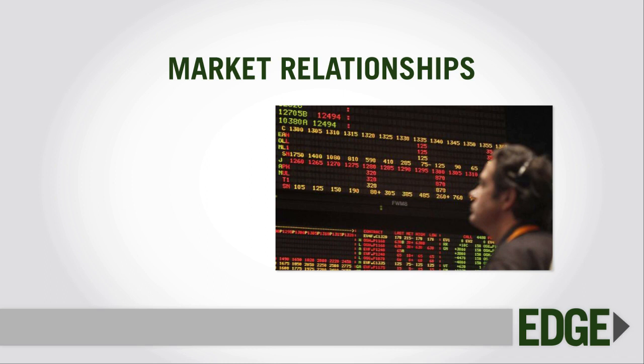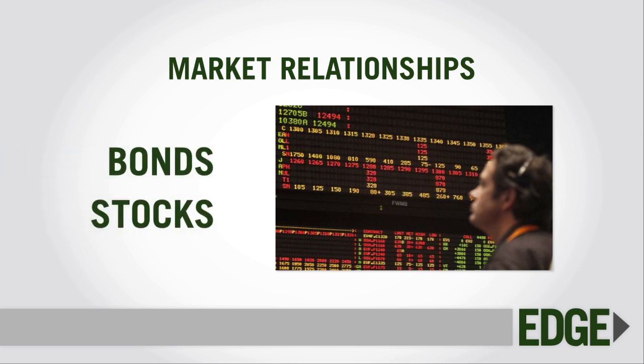So let's say the relationship between stocks and bonds is opposite. When bonds go up, stocks go down. Let's also say that this price up in here, just for example's sake, reflects the price of a 30-year bond. And this guy's a stock index trader right in here. When he sees that price go up, he might want to sell the S&P E-minis or another stock index because of that opposite relationship, right?